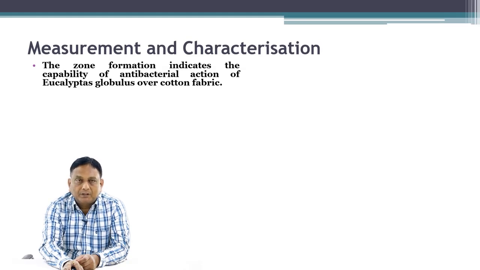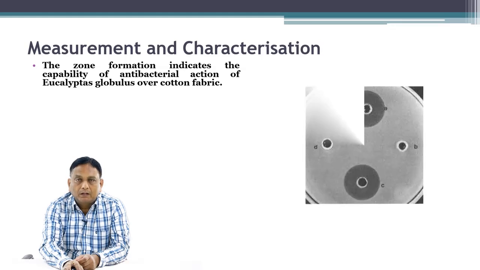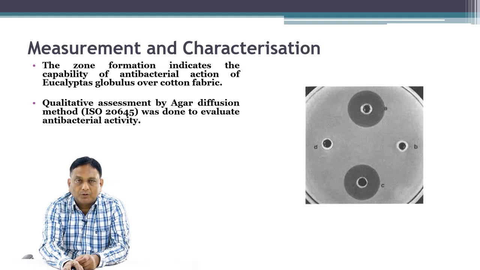Zone formation is noticed here. Zone formation indicates the capability of antibacterial action of this Eucalyptus globulus solution over the cotton fabric. So the zone of inhibition has been noted down in the evaluation process.